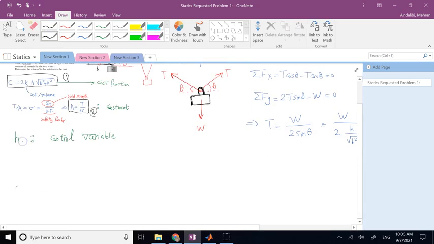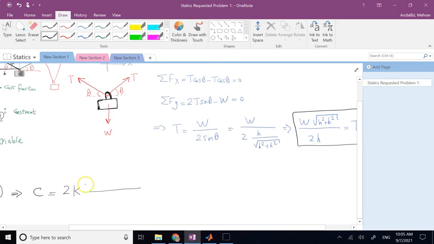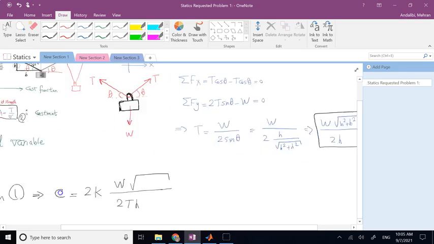Okay, so let's do that. 3 and 2 into 1, that gives me my cost function directly as a function of the variable h. It is going to be 2 times k times this term here that you can see, w over 2th, the square root term, right?